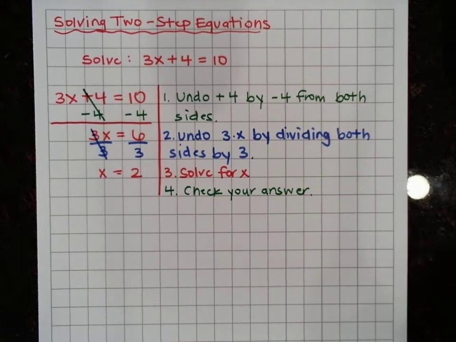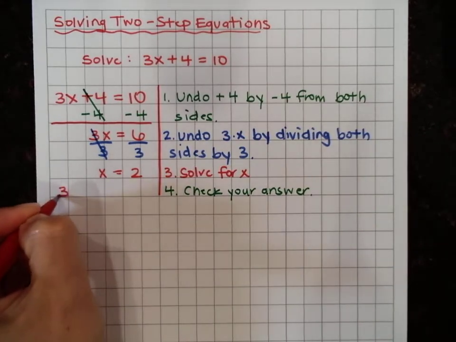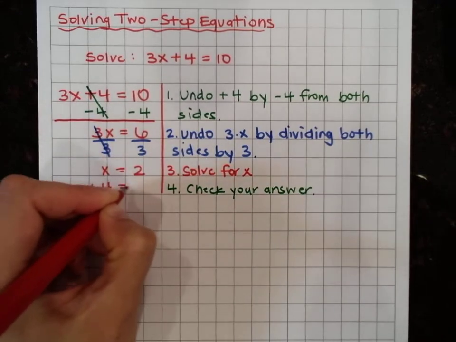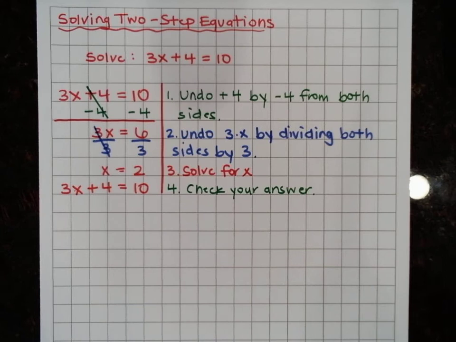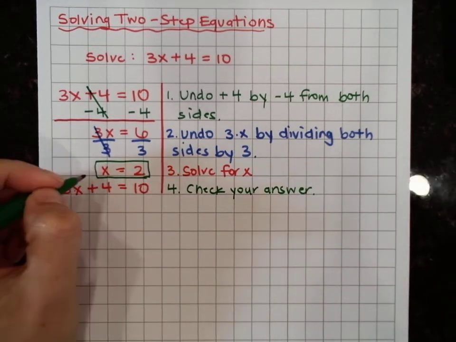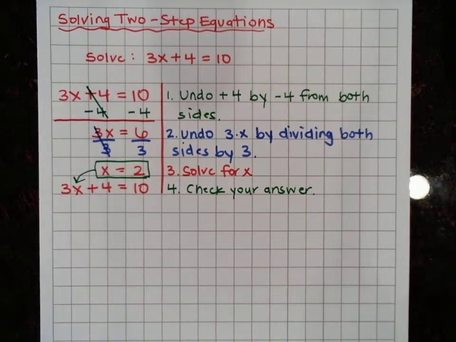How do you do that? So we have 3 times x plus 4 equals 10. We're going to take our answer, which was x equals 2, and substitute that into our original equation.